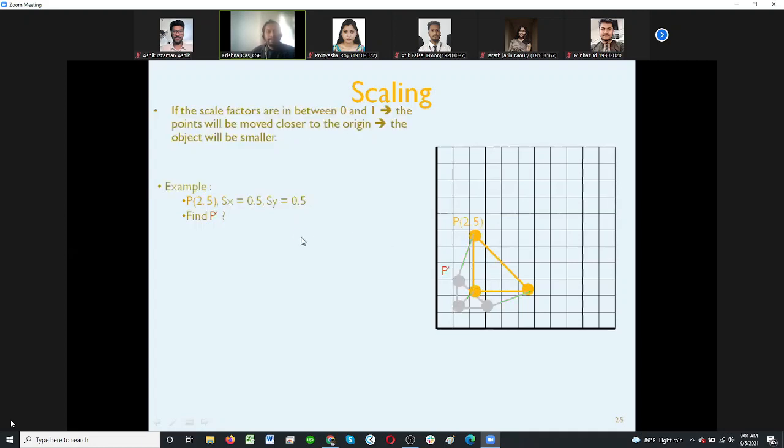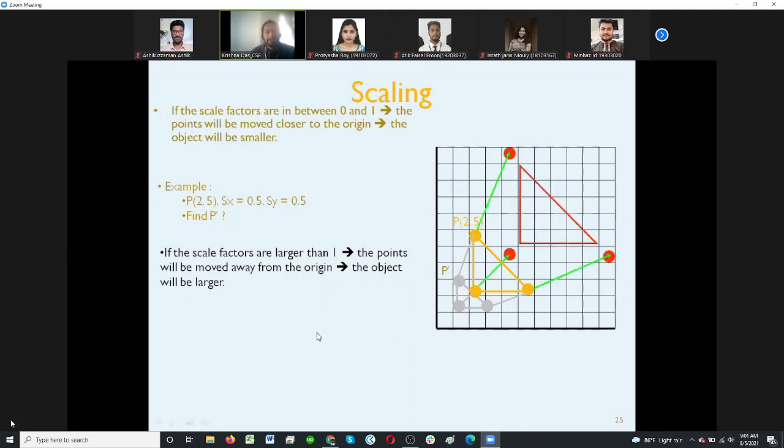The same way, when the scaling factor is larger than 1, the object goes away from the origin. When we have s of x as 2 and s of y as 2 for the same point, you can see the size is getting doubled. So for the point 2 and 5, the x coordinate value will be 2 into 2 is 4 and 5 into 2 is 10.